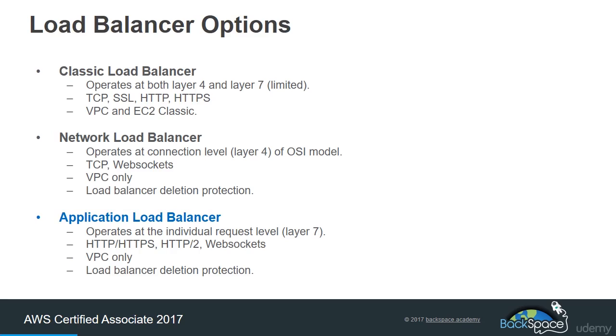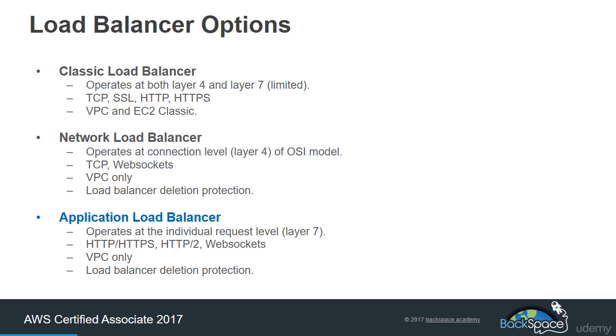But it doesn't support HTTP either. So we also have it supporting VPC only. It doesn't support the older EC2 classic instances. And there is another feature that both the network and application load balancers have, and that is that it has load balancer deletion protection in case you accidentally delete that load balancer.